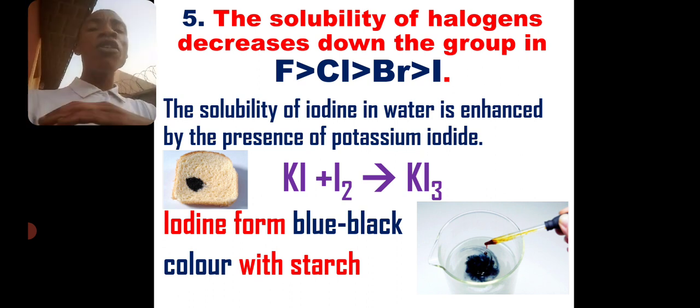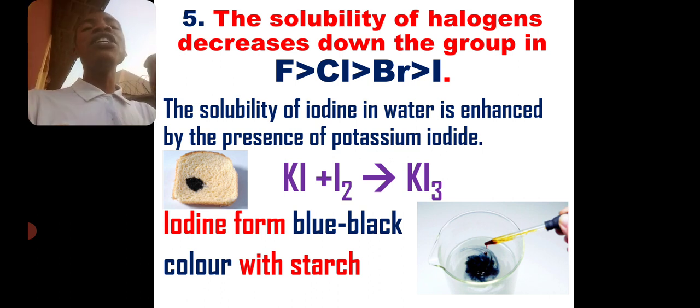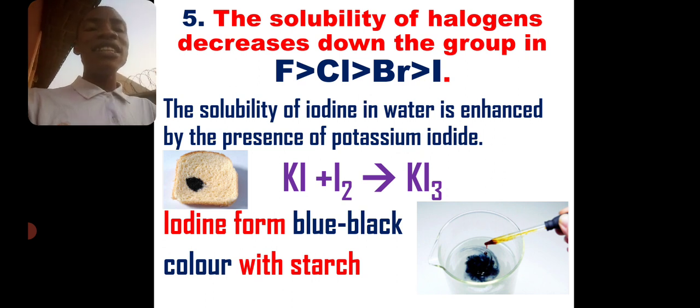Chlorine dissolves moderately in water. Bromine dissolves sparingly in water, and iodine dissolves only slightly in water. To make iodine dissolve, you have to add potassium iodide to aid the solubility of iodine in water.